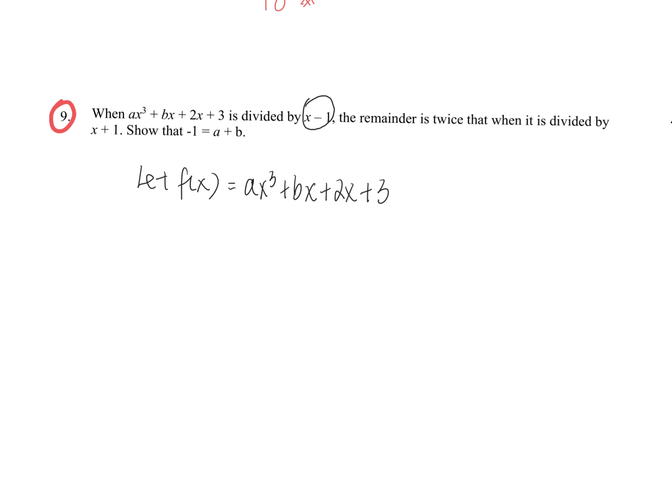So which means by remainder theorem, the remainder I get from substituting 1 is twice the remainder I get from substituting x as minus 1.